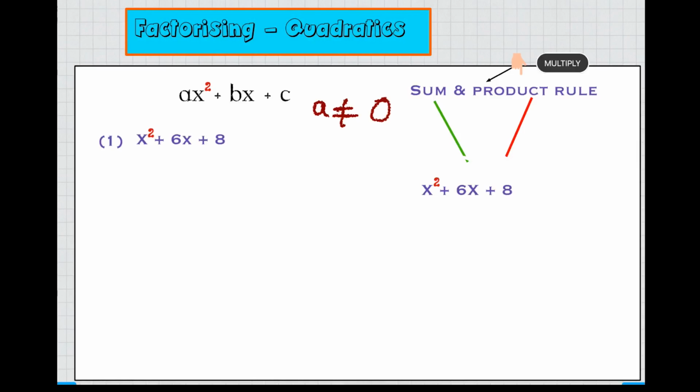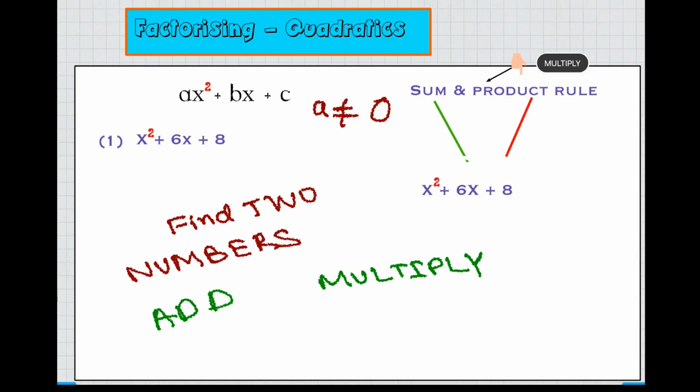We're going to solve quadratics here by using the sum and product rule. What does the sum and product rule say? You're going to find two numbers that add to give us this middle part 6x, and when we multiply those two numbers they give us 8.